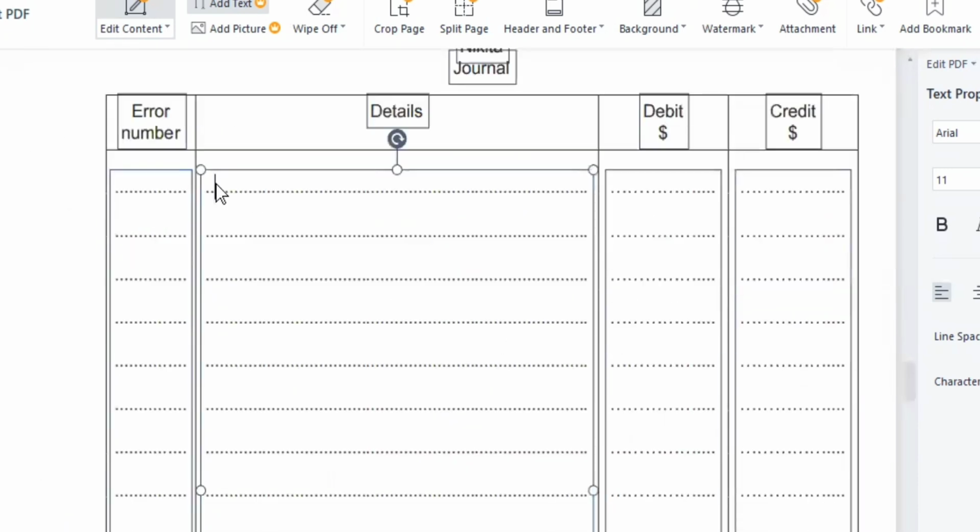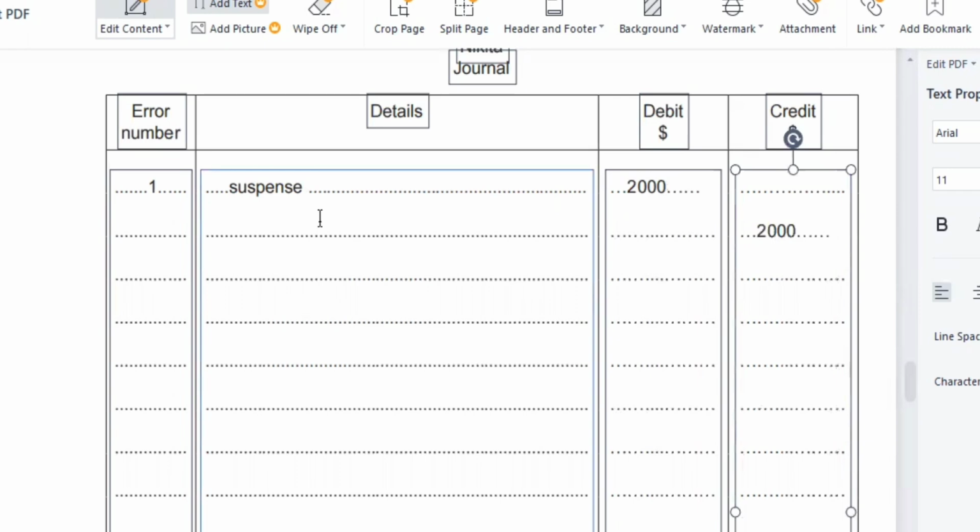So suspense will be debited by 2000 and insurance will be credited by 2000.